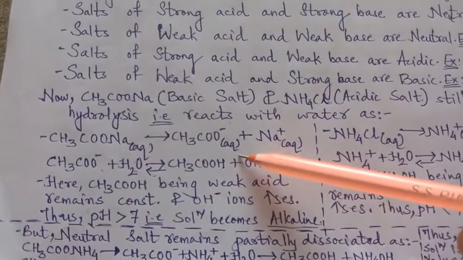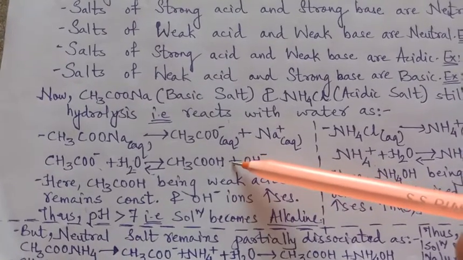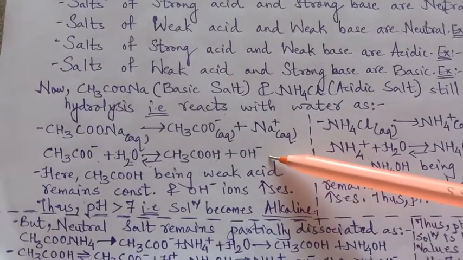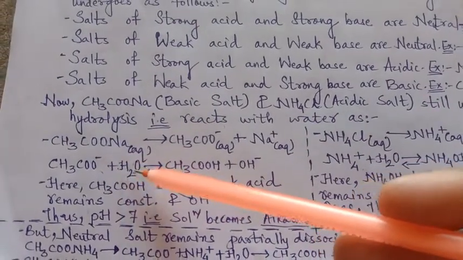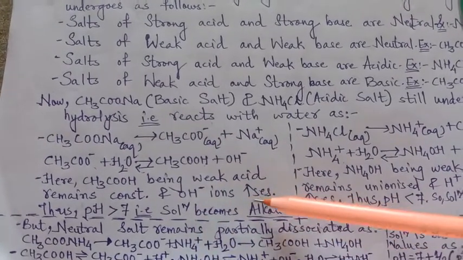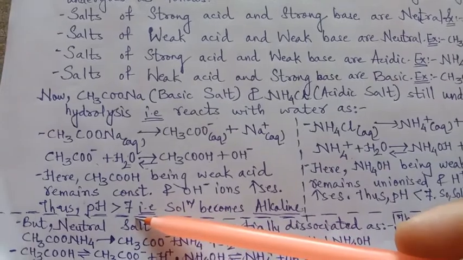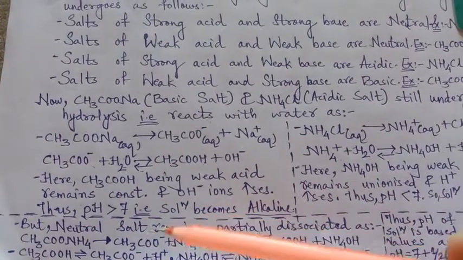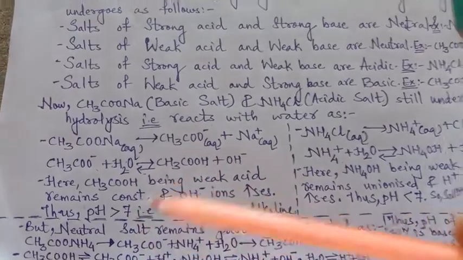CH3COOH, being a weak acid, remains constant. Its concentration will remain constant, but OH minus ions keep on increasing as the reaction proceeds. Due to this, the pH value will increase, will be greater than 7, and so we can say the solution will become alkaline, basic.